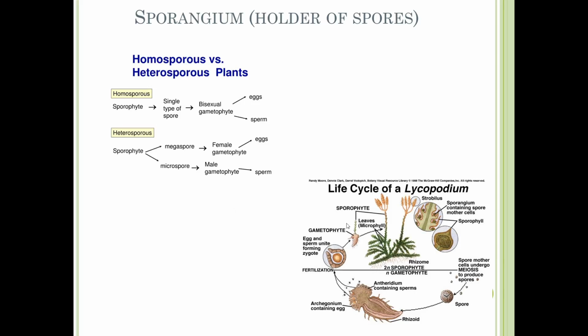Secondly, I want to point out that as we go through our life cycles for the groups here, these are all just different variations of alternation of generations. And not a variation in the process, but a variation in which stage is dominant. In this case, it's the sporophyte. Which stage is not dominant? That would be your gametophyte here, which is again the opposite of the bryophytes, okay?